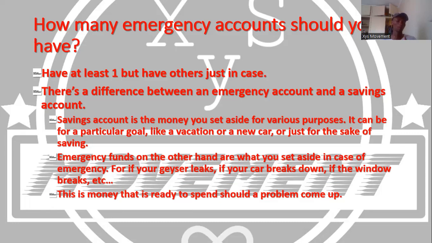If your car breaks down, you know that you have money stored so that you can fulfill that emergency. This is the money that is spent should a problem come up. This is not money that you're supposed to just spend on anything. That's why you can have a savings account separate from an emergency account, and you can do that.